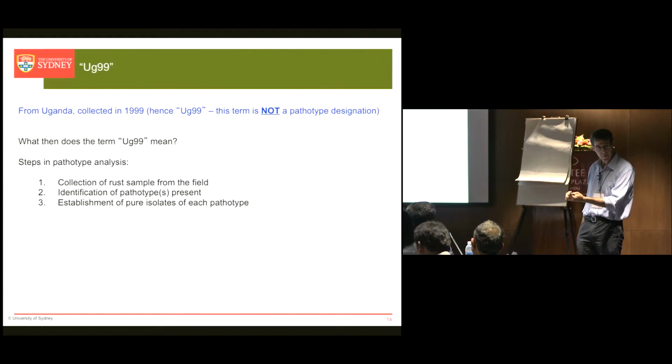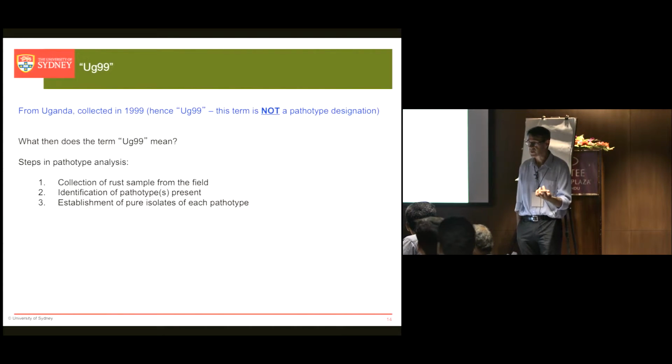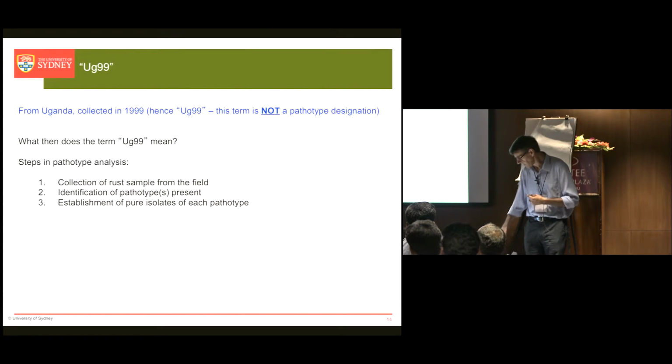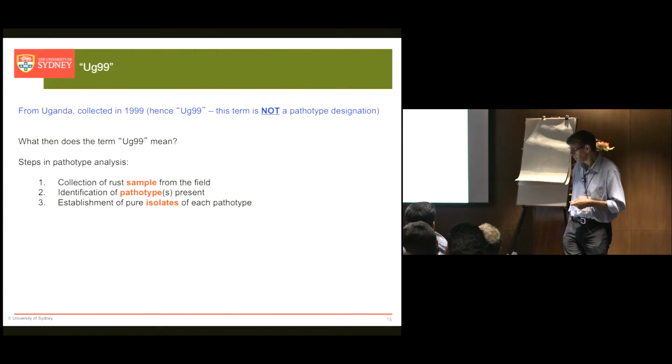This was then sent away for pathotype analysis, and then once we do that, typically what we do, because sometimes we find more than one pathotype in a sample, it's then necessary to establish pure isolates of each of the pathotypes that are in that sample. But you'll notice the terms here: sample, pathotype, isolates, right?